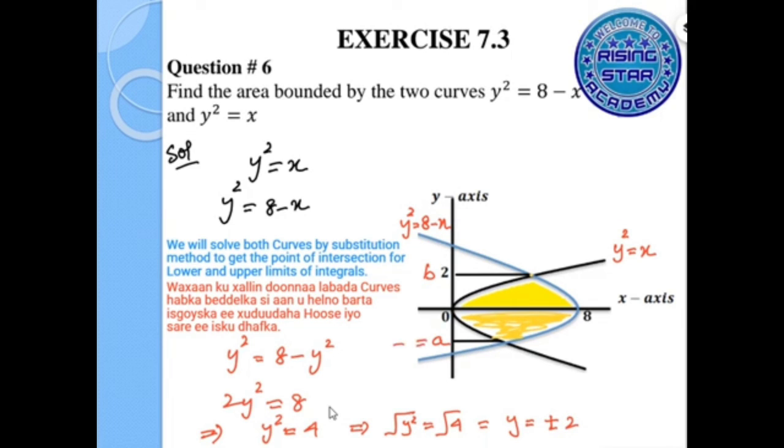So the lower limit would be -2 and upper limit would be +2. So a is equal to -2 and b would be equal to +2. For the area along y-axis, the formula is a to b x dy.